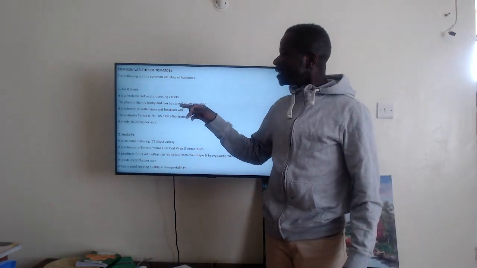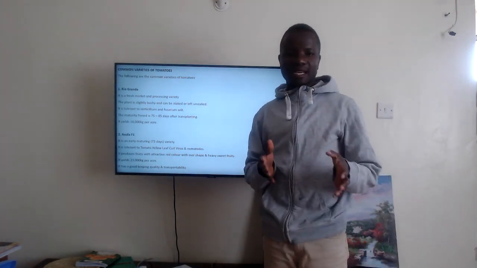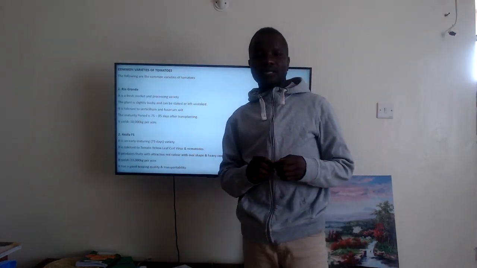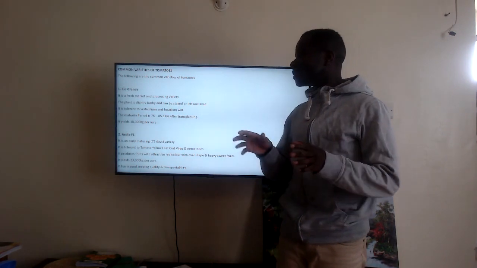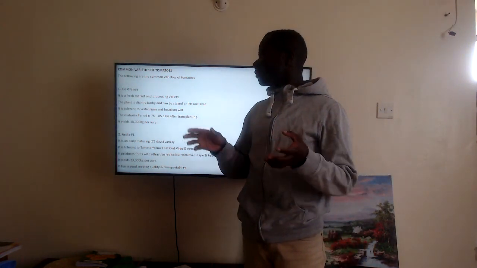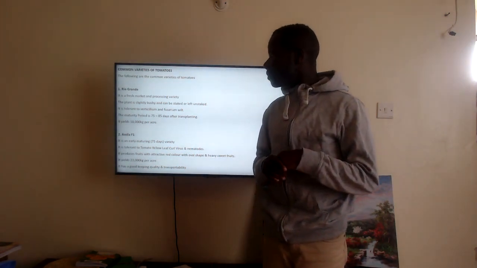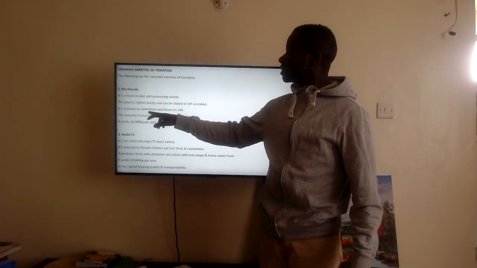The plant is slightly bushy and can be staked or left unstaked. Staking means supporting a plant with a piece of stick. Therefore, this Rio Grande can either be staked or left unstaked. It is tolerant to verticillium and fusarium wilt. These two are the types of diseases that affect tomato.